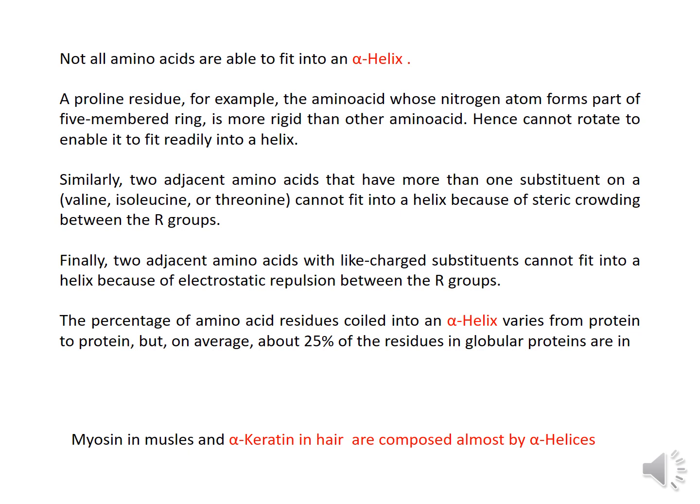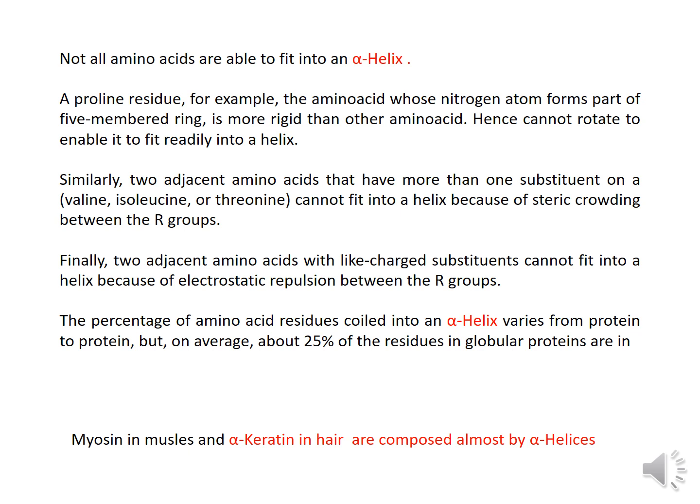Similarly, two adjacent amino acids that have more than one substituent, such as valine, isoleucine, and threonine, cannot fit into the helix because of steric crowding between the R groups. Remember, there must be less steric hindrance; only then can one expect an alpha helix structure from proteins.